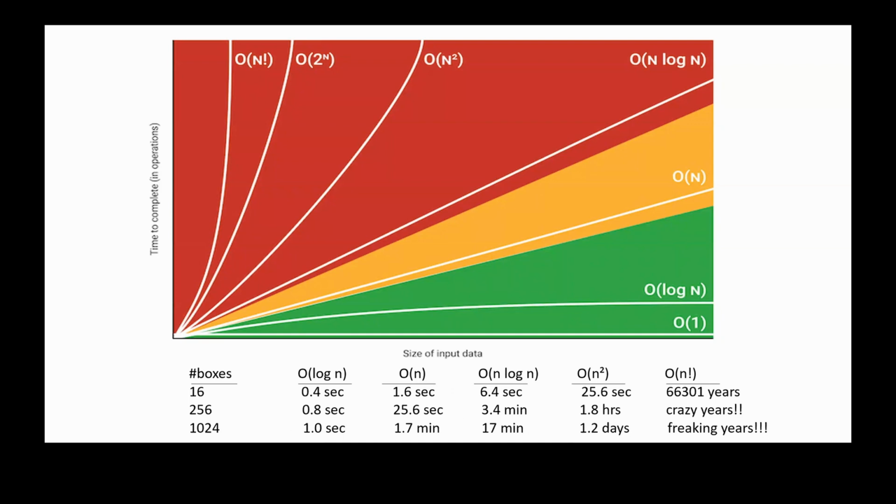It takes years, and it drives us crazy if we want to get this job done and draw 1024 boxes with O(n!) runtimes. You can easily compare and see which algorithm is more beneficial and has better efficiency when we put it this way and compare all of them together.